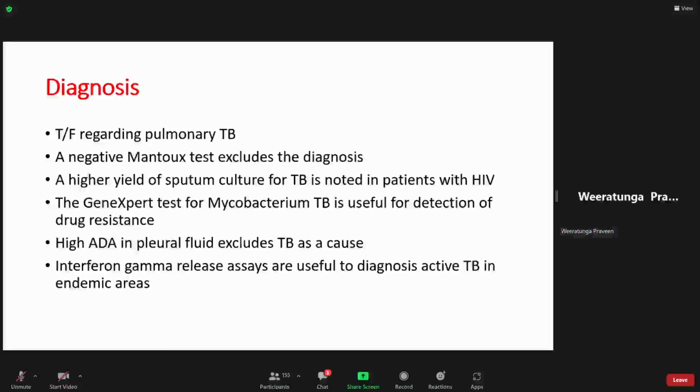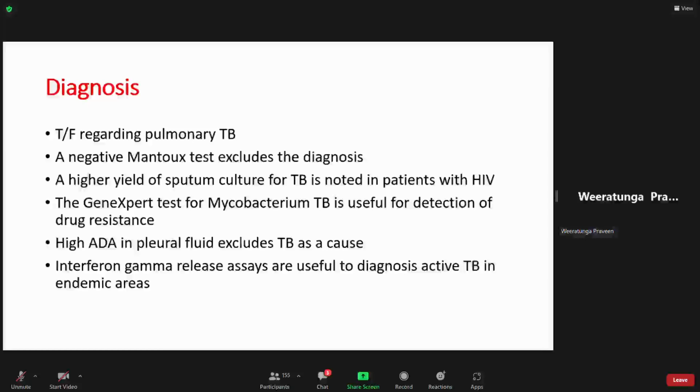But remember that there are newer liquid cultures which have a quicker turnaround time, coming back in about 2 weeks maximum. Up to now we have been using sputum AFB, which is very quick.